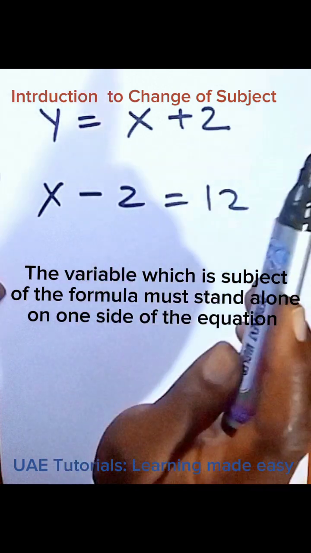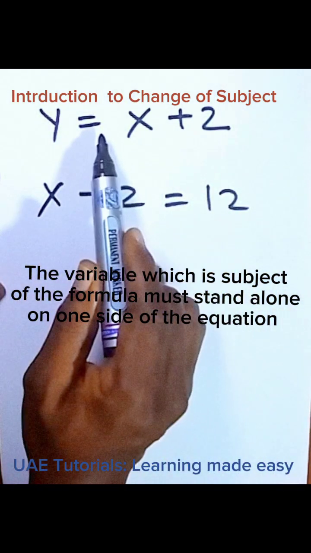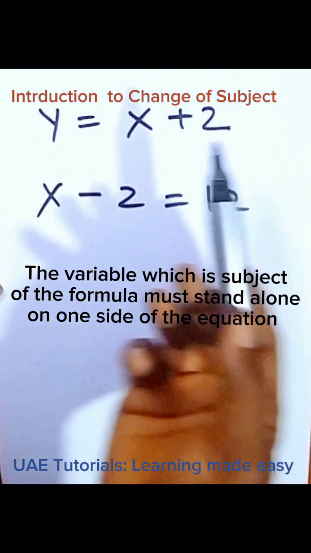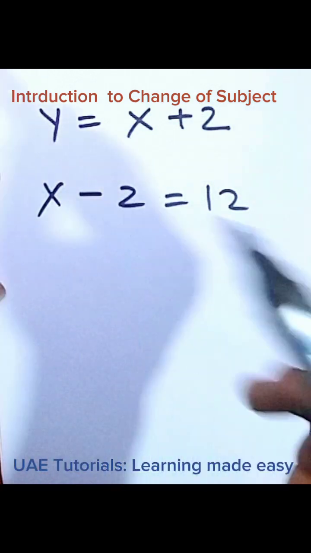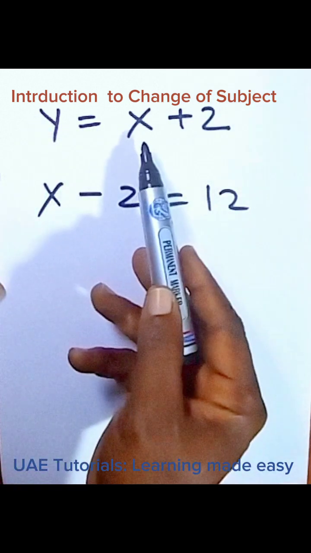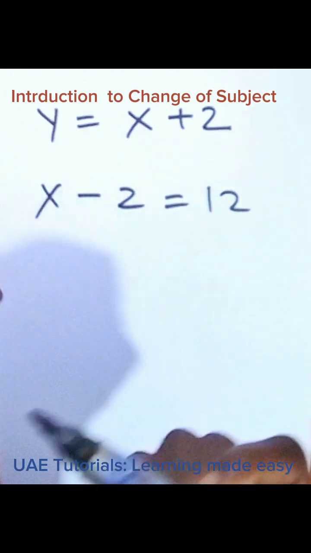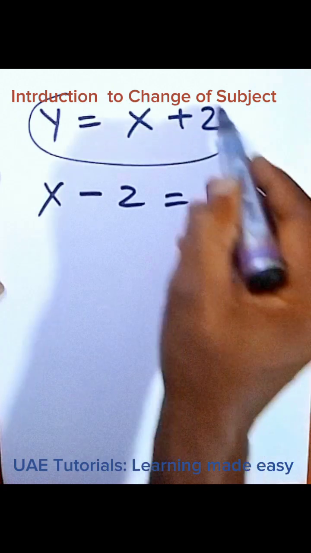This equality sign makes it an equation. On one side of the equality sign, you place the variable that you are looking for, the unknown, and every other thing on the other side. It could have been that the variable that we're looking for is x, the one that is unknown. So how do we do that? How do we make x the subject of this formula?